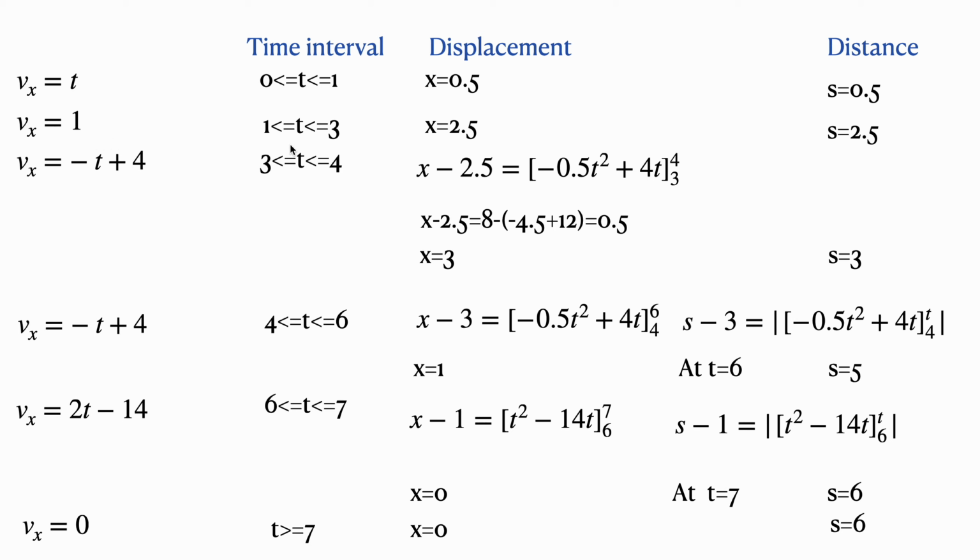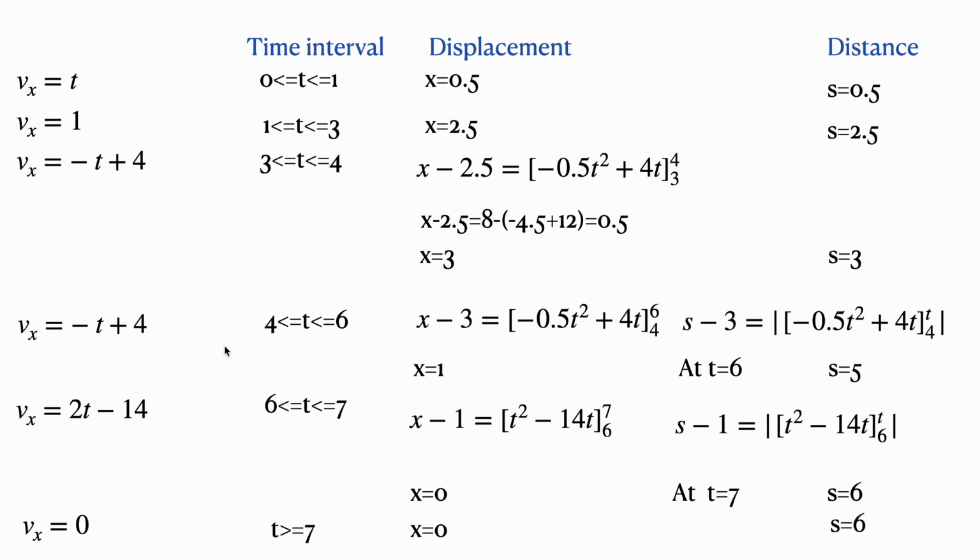In the second time interval from 1 to 3, velocity is positive, so distance will be equal to displacement. And in the third time interval from 3 to 4, the velocity is minus 3t plus 4, so the value of velocity is positive, so distance will be equal to displacement. And till this time interval, the distance and displacement will be equal.